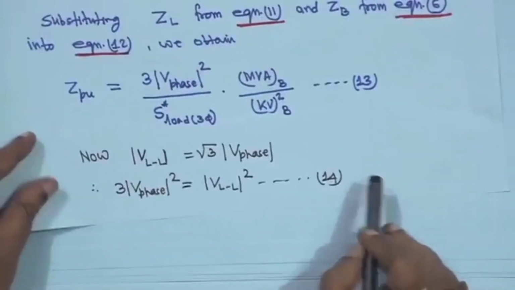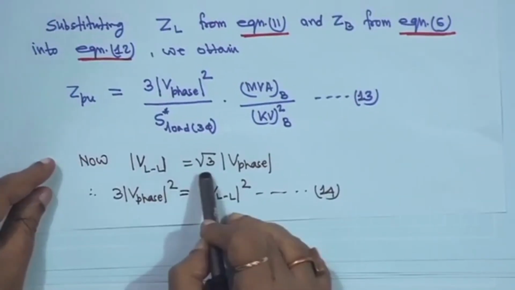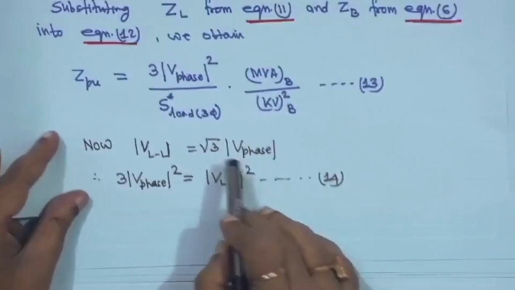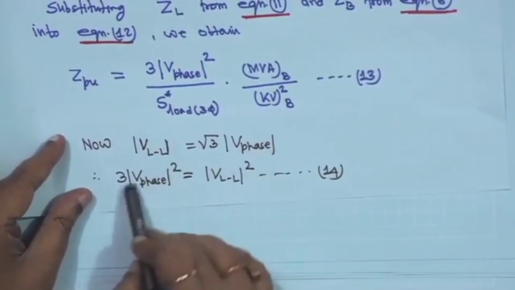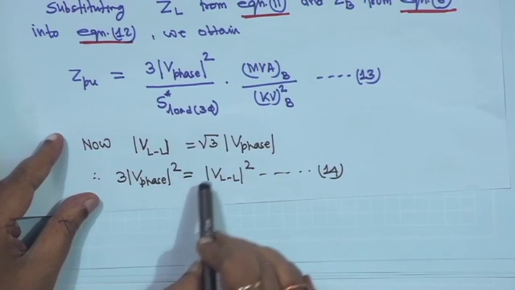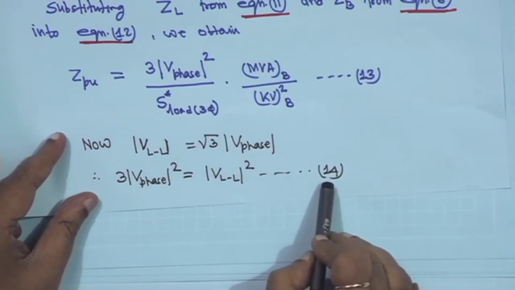Now, the line to line voltage magnitude VLL is equal to root 3 times the magnitude of phase voltage. That means square it on both sides and bring this one to this side. So, 3 into magnitude of V phase square is equal to magnitude VLL square. This is equation 14.